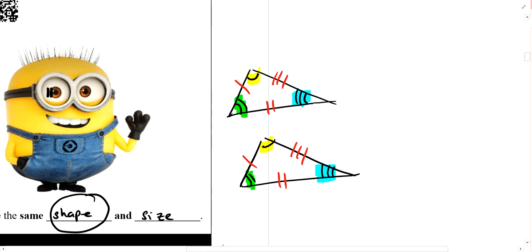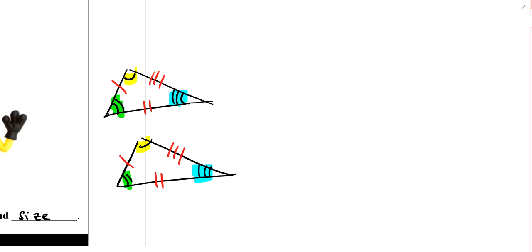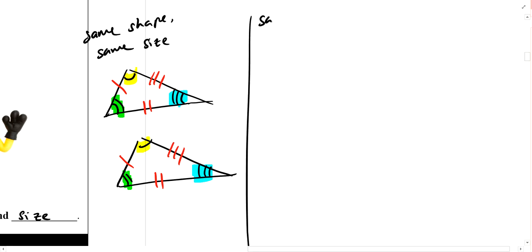Is it possible to have, let me write this down for us, same shape, same size? Is it possible to have same shape, different size? Possible? Let me copy down this triangle first.